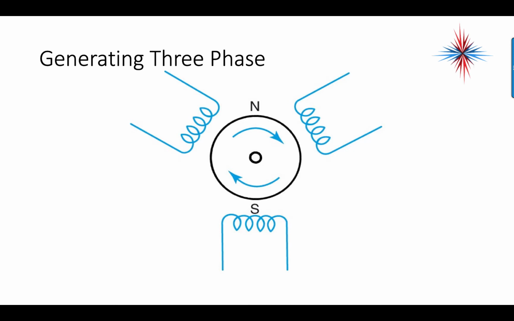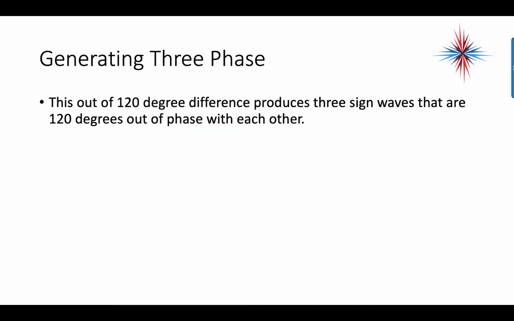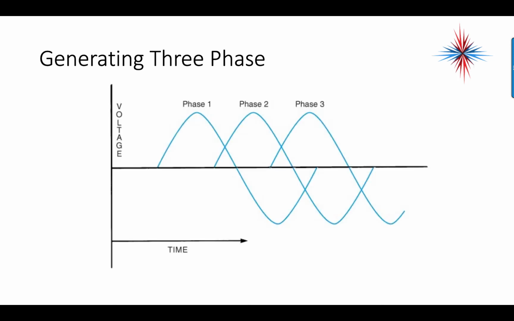One of these is going to be L1, one's going to be L2, one's going to be L3. They're exactly 120 degrees out of phase with each other. Now, this doesn't mean that they're separated mechanically. It means electrically they're 120 degrees out of phase. This 120 degree difference produces 3 sine waves that are exactly 120 degrees out of phase with each other, and this is what is produced.